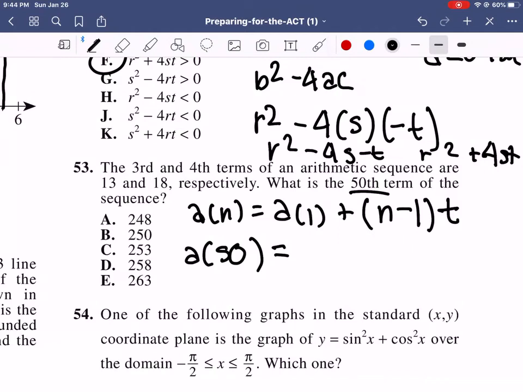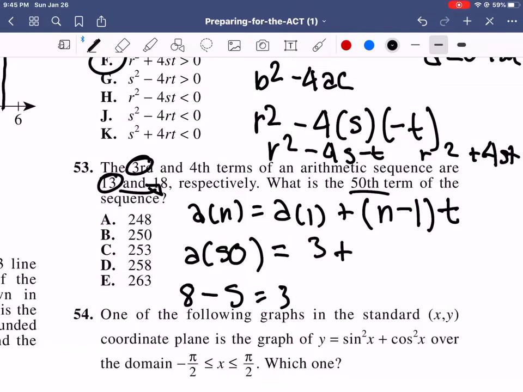What is the first term? Well, if this is the third term, it is 13. The second term, well, it looks like it's going by 5. So 13 minus 5 is 8. Minus 5 is 3.